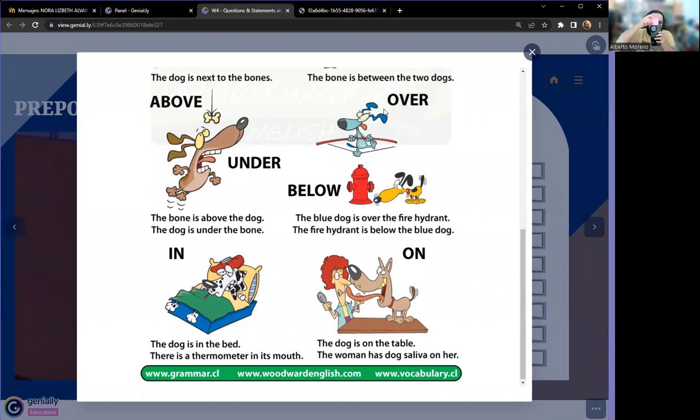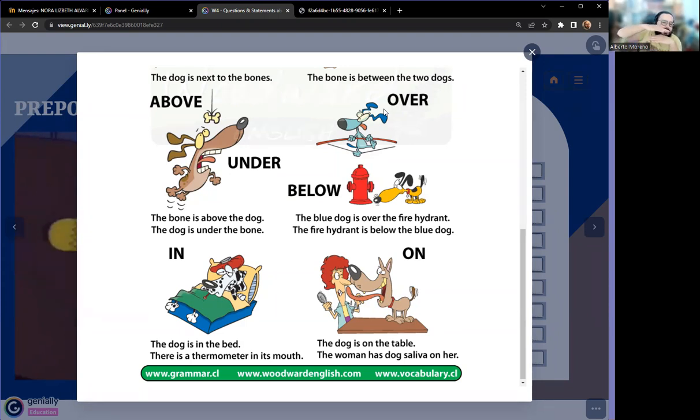On the phone, porque lo están tocando. Si no lo toca es over, si lo toca es on. Puede ser over o above, cualquiera de las dos, pero si lo toca, sí o sí es on. Es la diferencia. On es que se están tocando, ambas superficies se tocan.